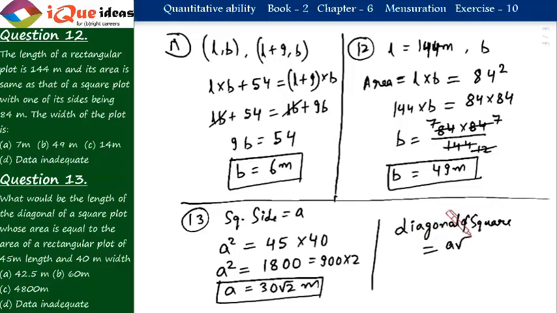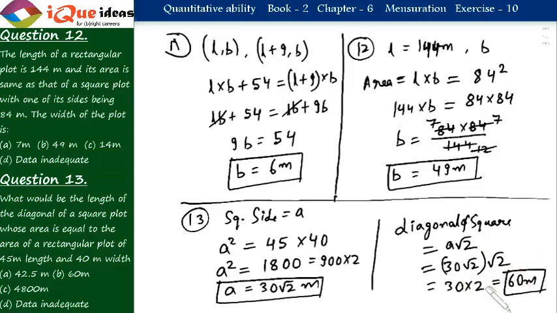Okay, so A is already 30 root 2, into another root 2. So it will be 30 into 2, which is 60 meters, right? So the required diagonal of that square is equal to 60 meters. So remember, the question is asking the length of diagonal. All right. So after finding the side, you have to find the length of diagonal. Okay.